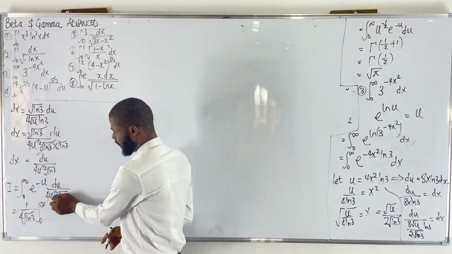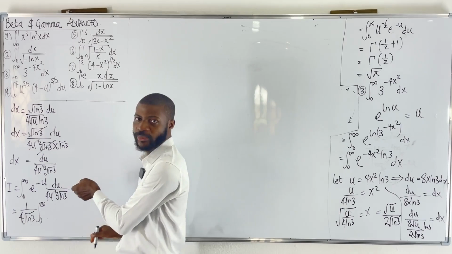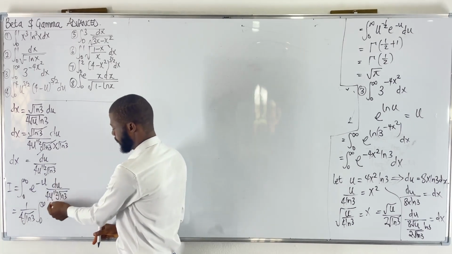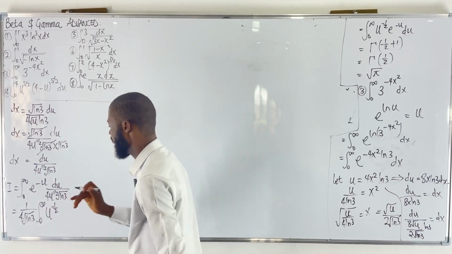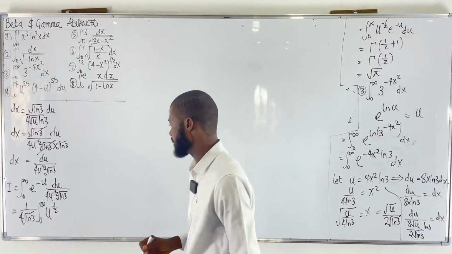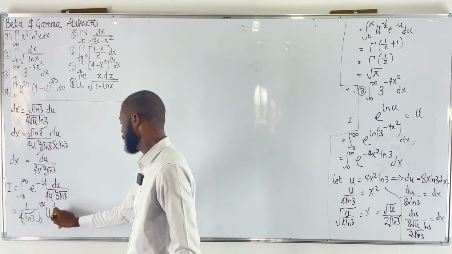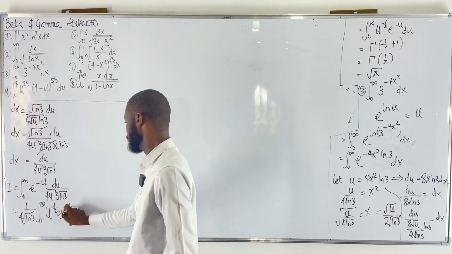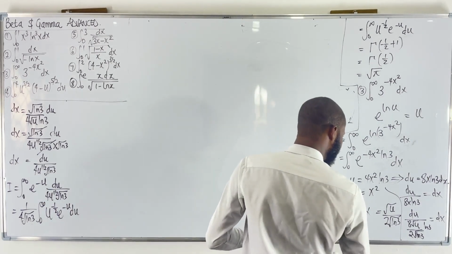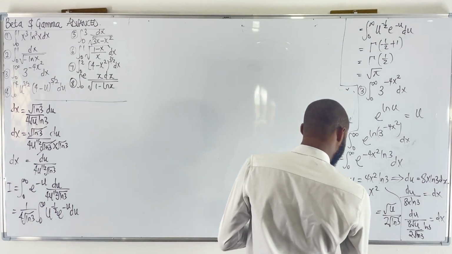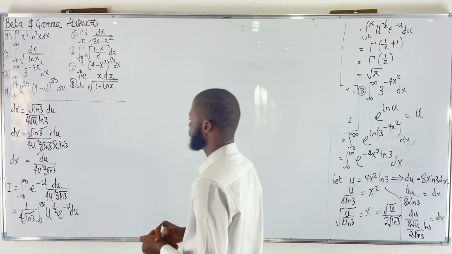Now this is u to the power of half, and it's at the denominator, so it can come on top. When it comes on top, it becomes u to negative half. And then we have e to negative u du. I believe I did not miss anything.